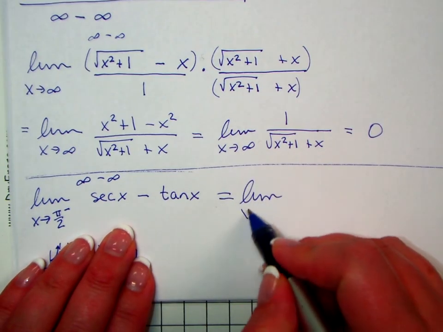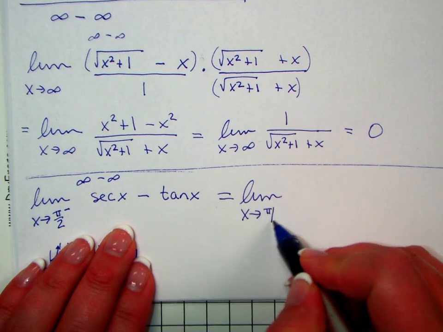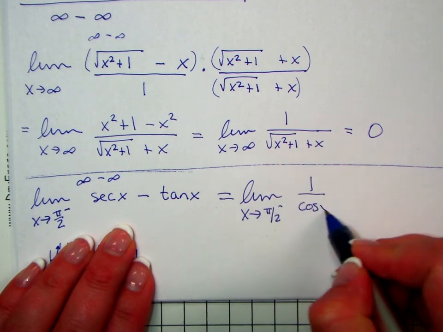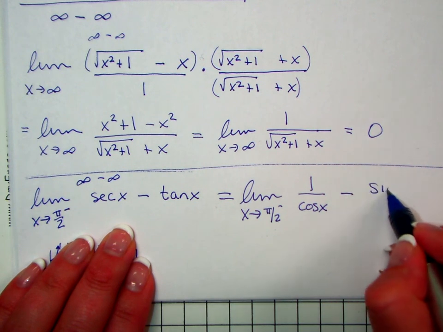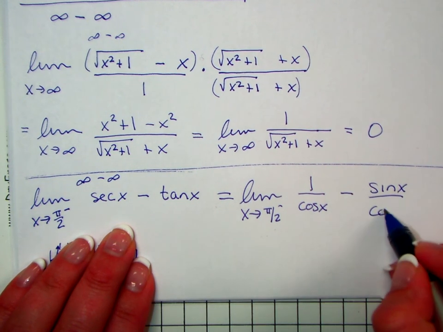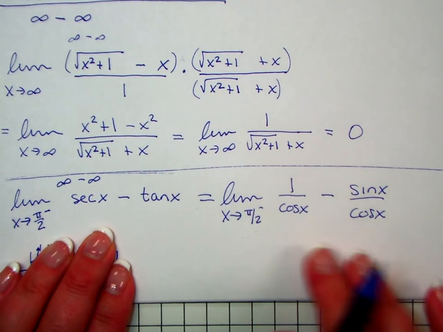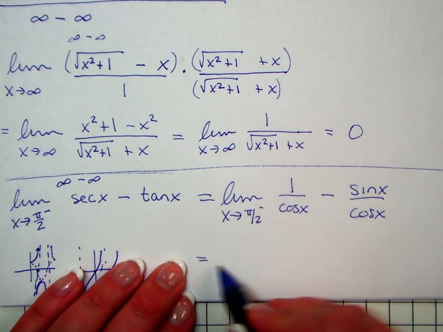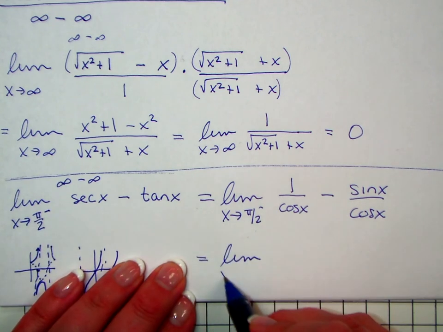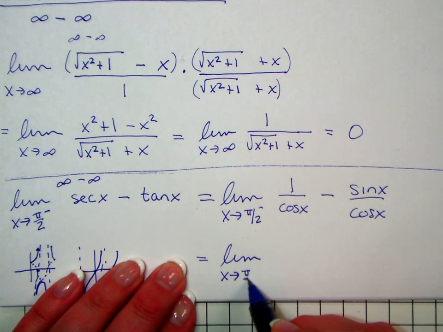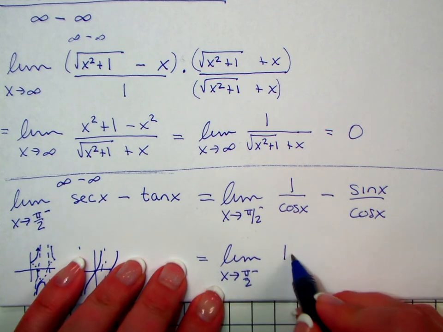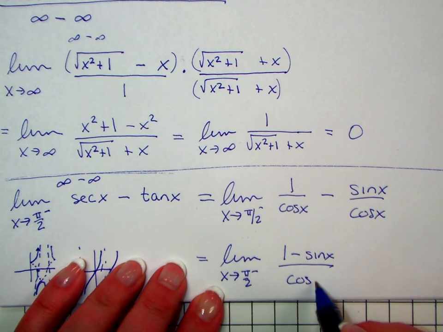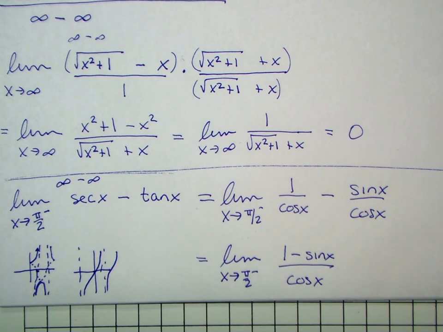So we're going to do the limit as x approaches pi over 2 from the left, 1 over cosine x minus sine over cosine x. We have a common denominator, so we can go ahead and combine those. So I get 1 minus sine x on top and cosine x on the bottom.